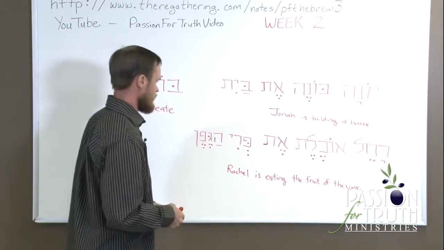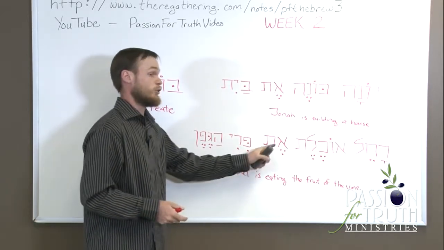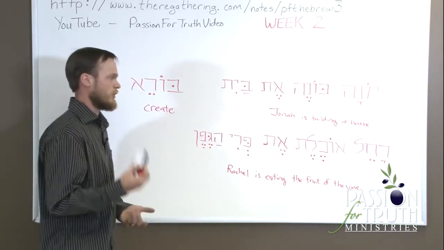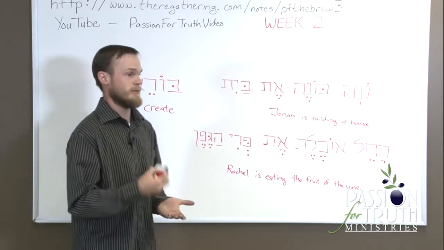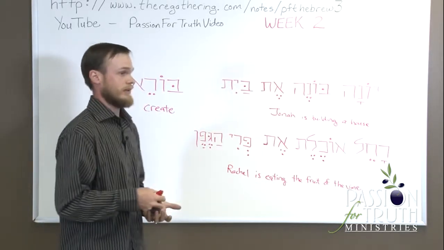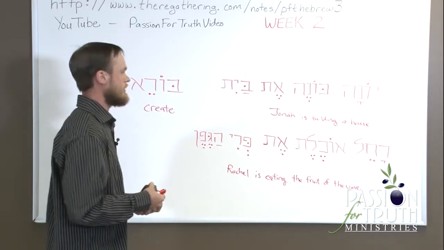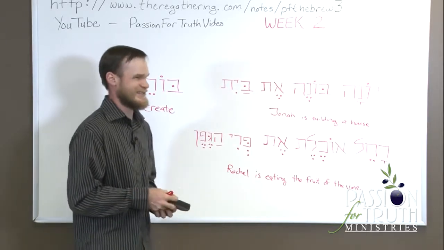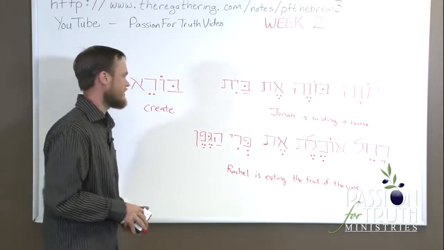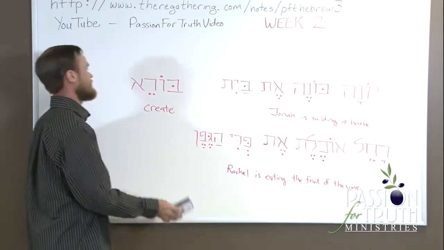It's not really necessary for them to specify, but grammatically they very well could use an et before pri ha-gefen. For your purposes, I encourage you to use an et whenever you've got a direct object, because it makes everything clear, and that's why it's there, to point out, hey, this is the object of the sentence. Okay?